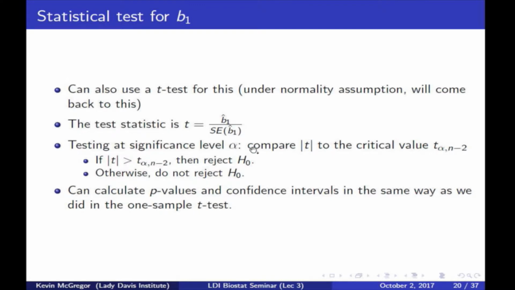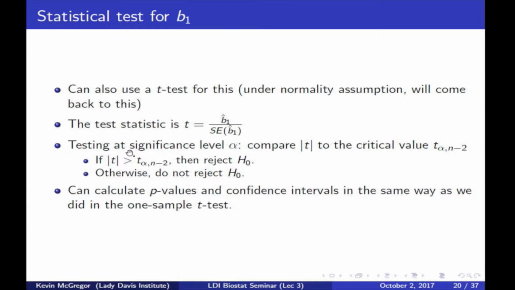And we can do our hypothesis test exactly the same way. We choose our significance level alpha, and we look at the absolute value of this t statistic and compare it to this critical value, which is going to be a function of our significance level alpha and the sample size of interest.